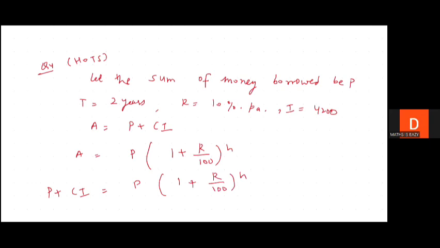In our next step, principal plus 4,200, which is given as compound interest, equals principal times (1 plus 10 by 100) squared, for 2 years. For principal plus 4,200, we take the LCM, and it would be (100 plus 10) by 100.